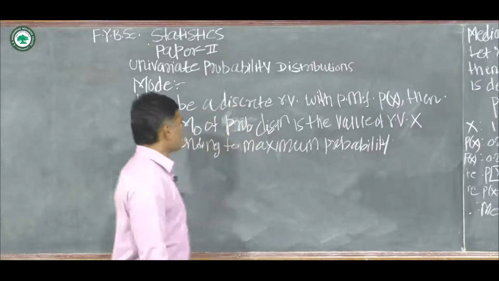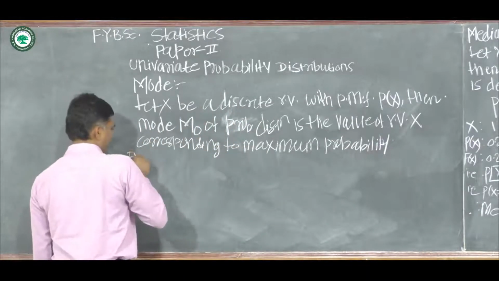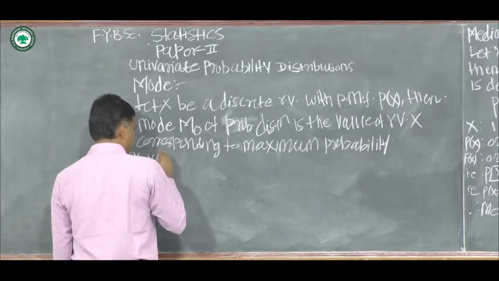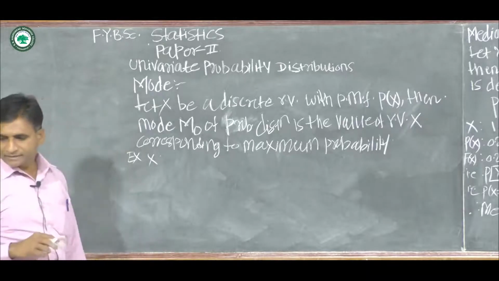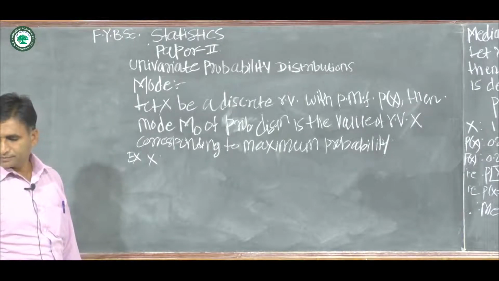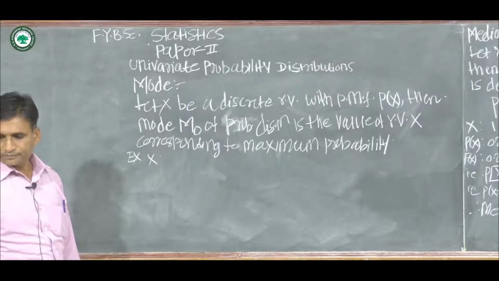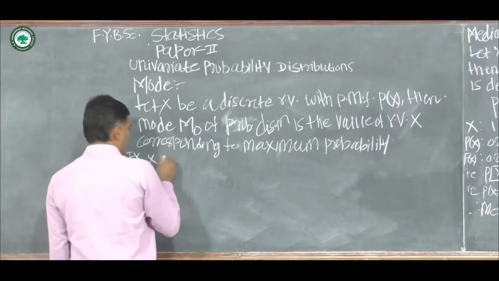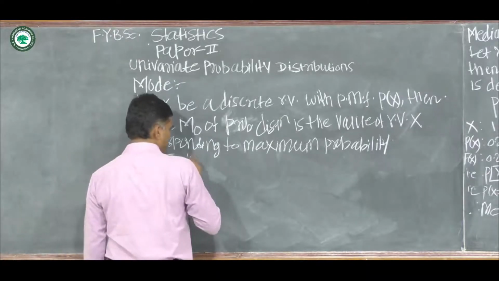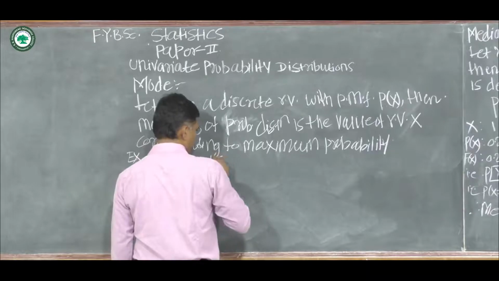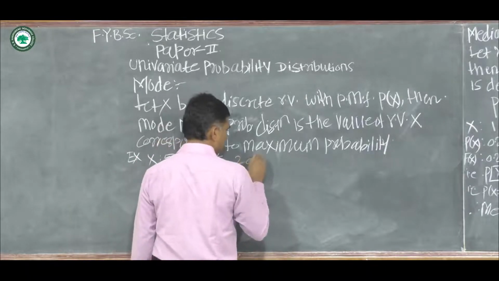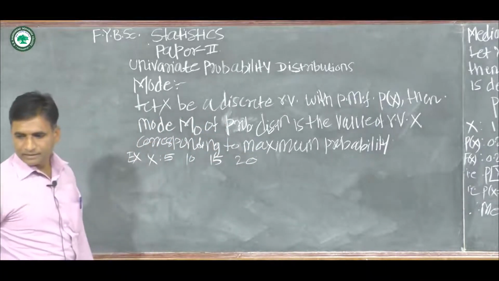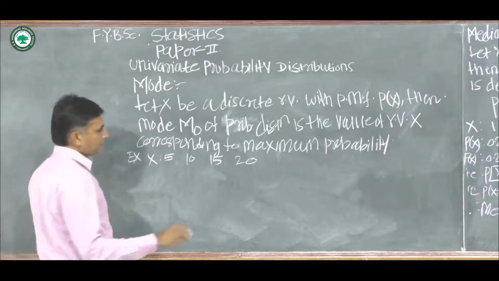For example, suppose the random variable x takes values 5, 10, 15, 20 and 25.